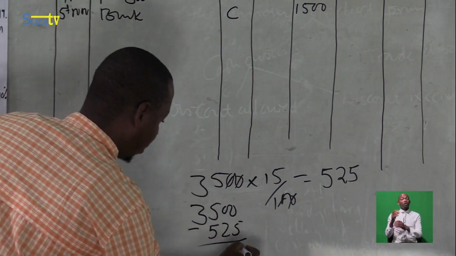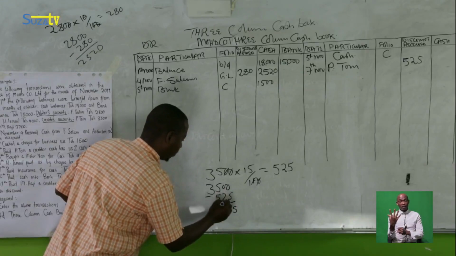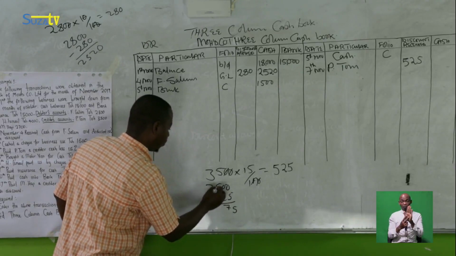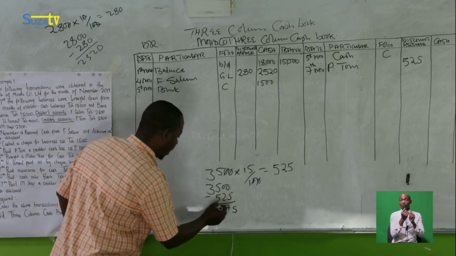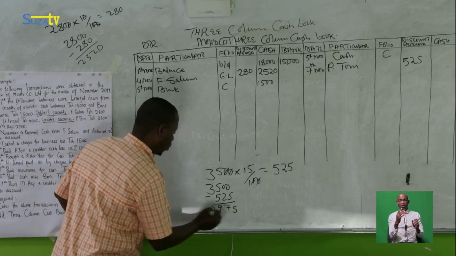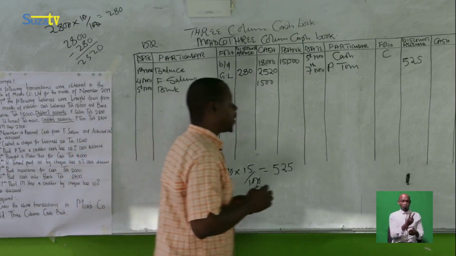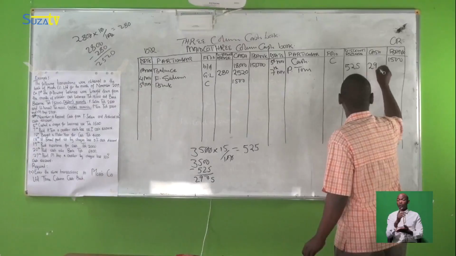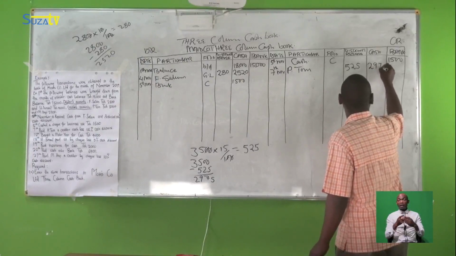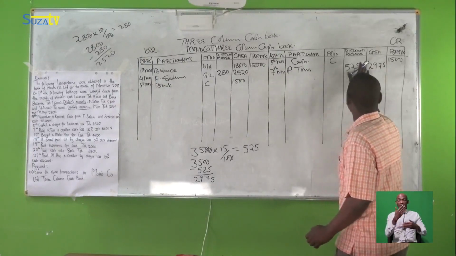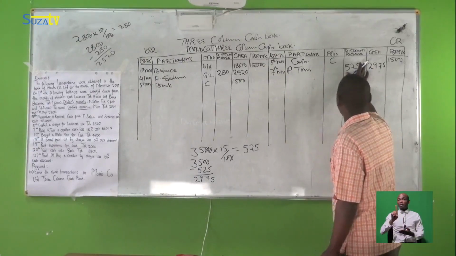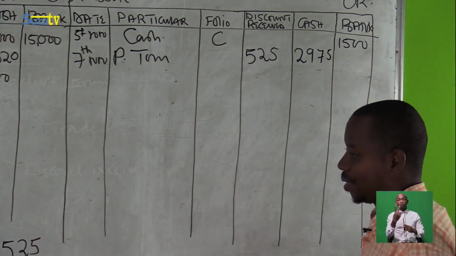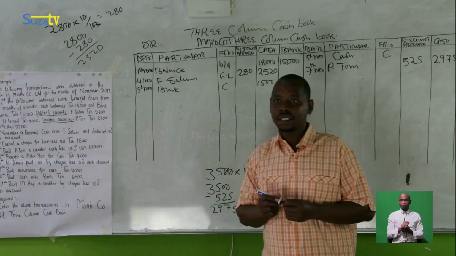You got 2,975. The business will pay 2,975, and the business receives a discount from P. Tom of 525. Have you understood it? Okay.